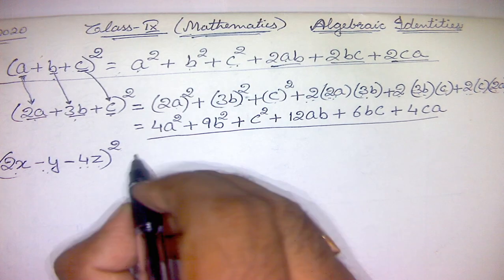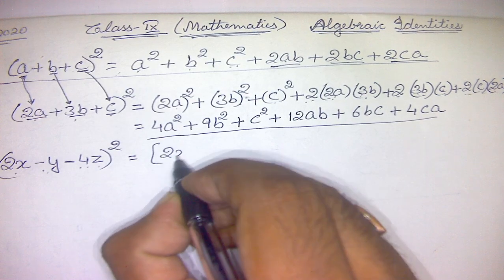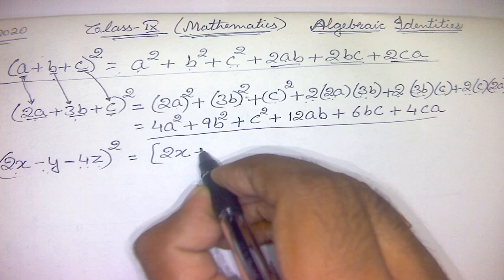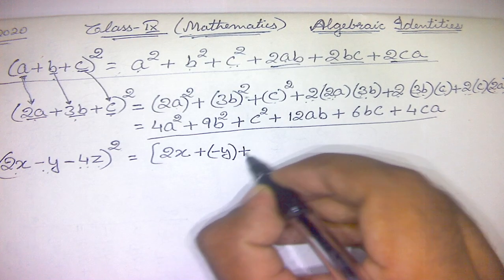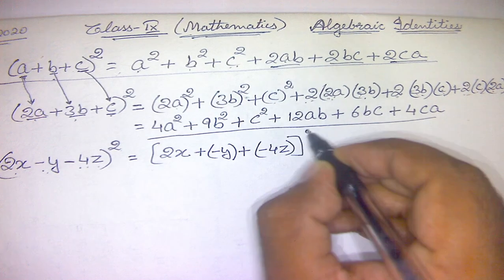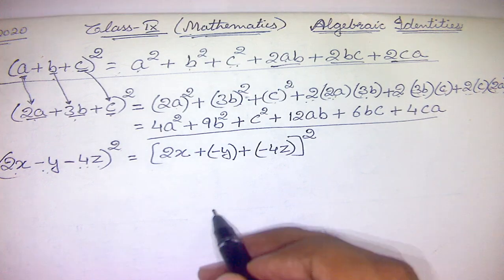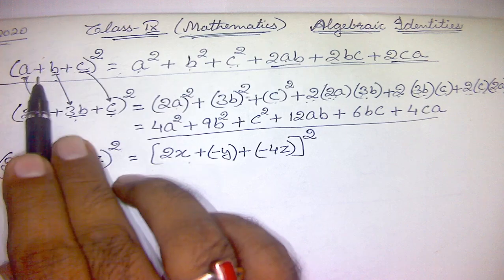So what we will do is, you can rewrite it in the form (2x plus (minus y) plus (minus 4z)) and then the whole square. What we have done? We have tried to write it in the form of the identity.